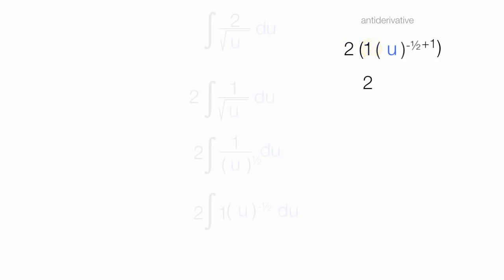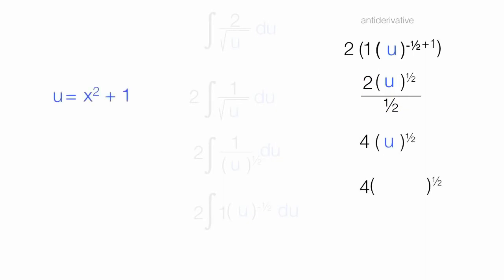Negative 1/2 plus 1 is 1/2. And when I take an antiderivative, I take this new power and divide by that again. So it's divided by 1/2. 2 divided by 1/2 is 4. Now I have 4 times u to the 1/2 power.